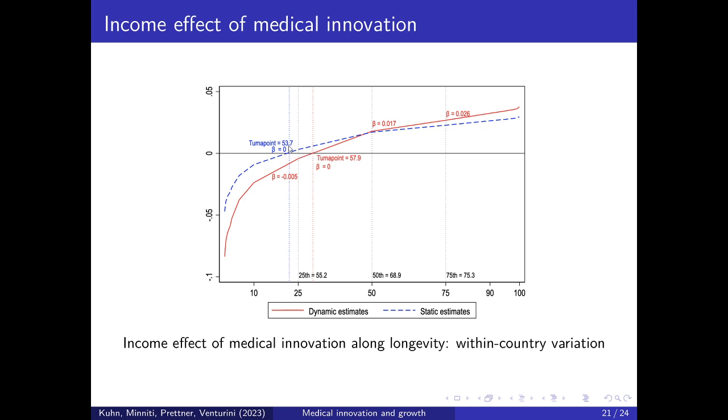For the static estimates after 53.7 years of life expectancy, and in case of the dynamic estimates after 57.9 years of life expectancy, which is all remarkably close to the transition point from the second to the third stage of the epidemiological transition, or the transition threshold that Cervelati and Sunde used in their paper of 50 years, basically for pre- and post-demographic transition countries. Afterwards, the effect of medical innovation on economic growth is positive, but it levels off. So the positive effect becomes smaller, it's concave.